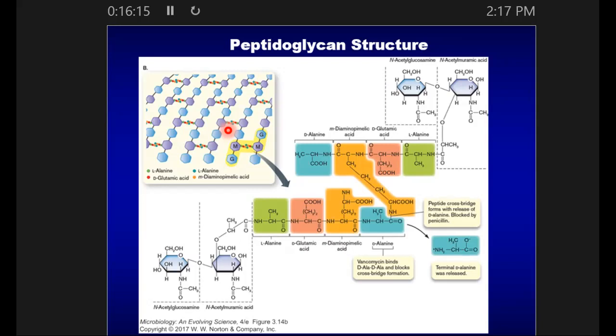Okay? So here they've blown up, they've taken the NAM and then the 4 amino acids, and then the NAM next to it. And so you can see the 4 amino acids coming off of this NAM bond with the 4 amino acids coming off the neighbor chain. So that's what they're showing in this big blow up.